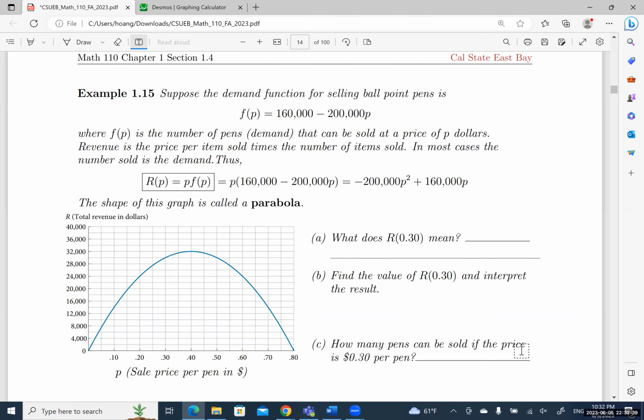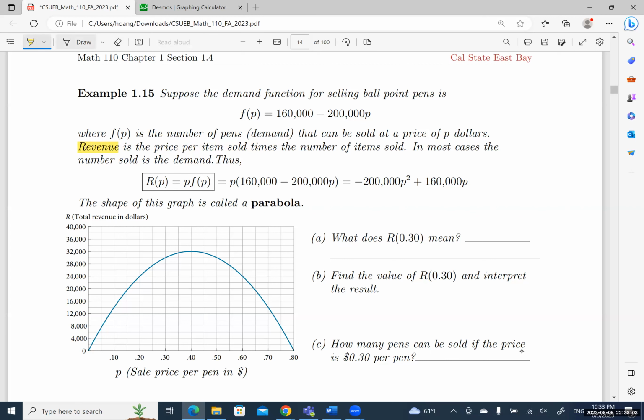So we have revenues, as you see. Let me highlight this.